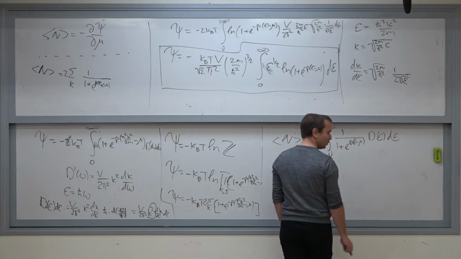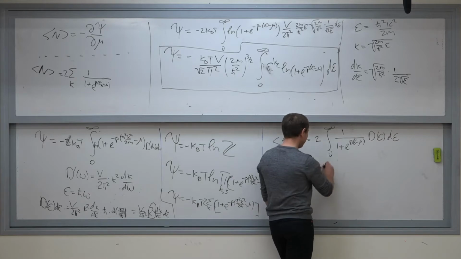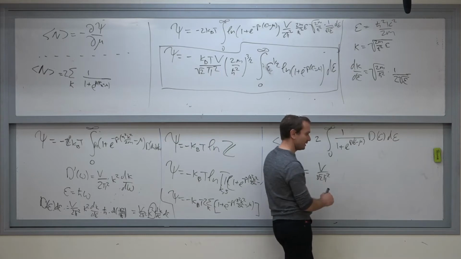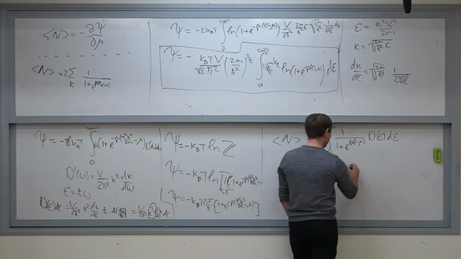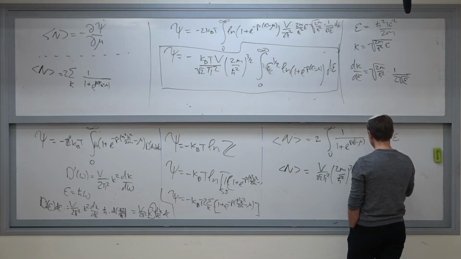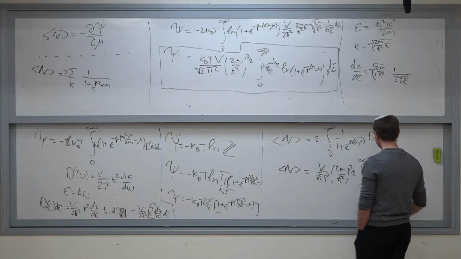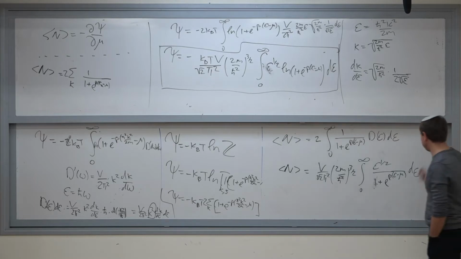So what I am left with is again that n average is simply V divided by square root of 2 pi squared, times 2m divided by h bar squared to the power of 3 halves. And here I have an integral between 0 and infinity of epsilon to the 1/2 over 1 plus e to the power of beta epsilon minus mu d epsilon. That's it.